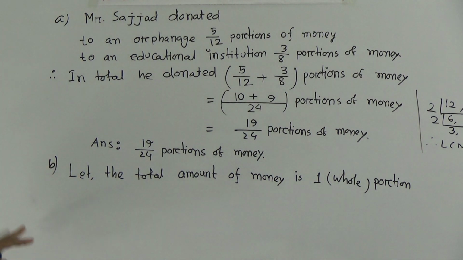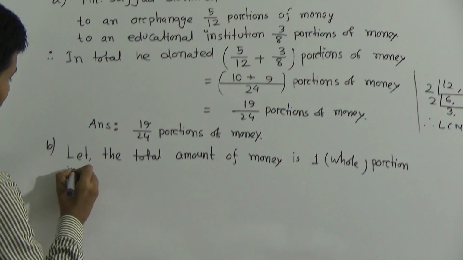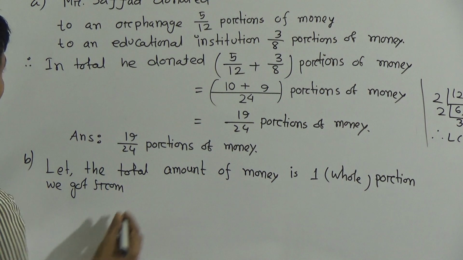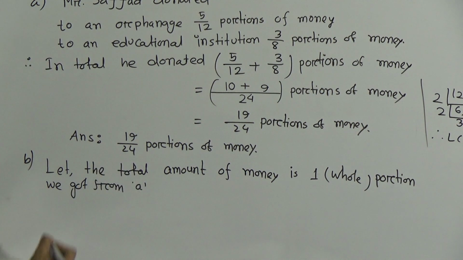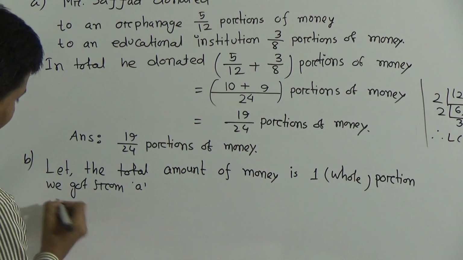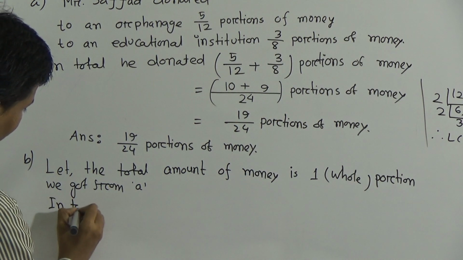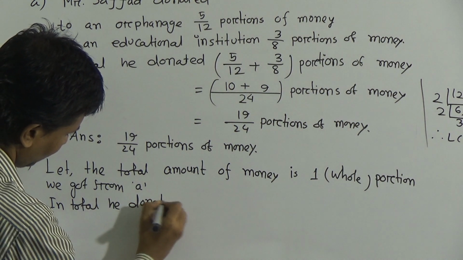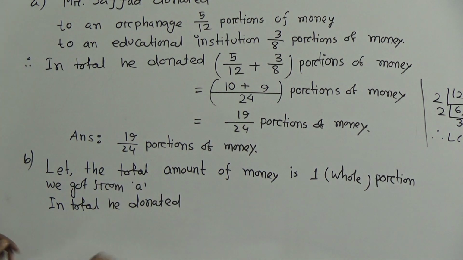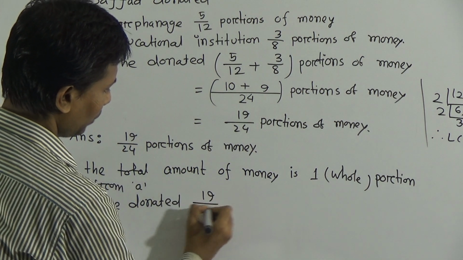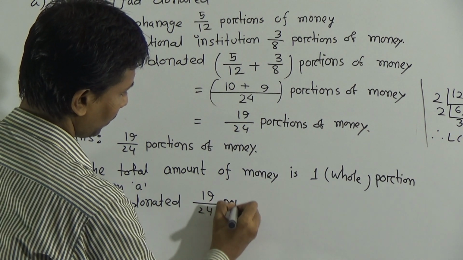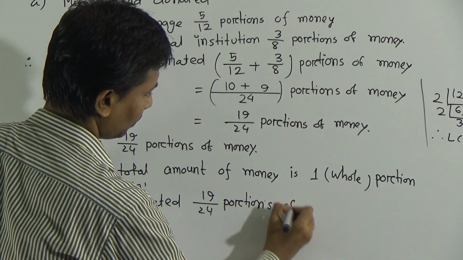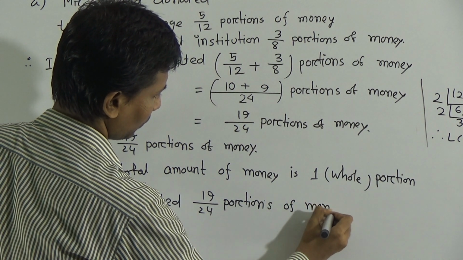And we have got from A right here. What we got? In total he donated 19 by 24 portions of money.